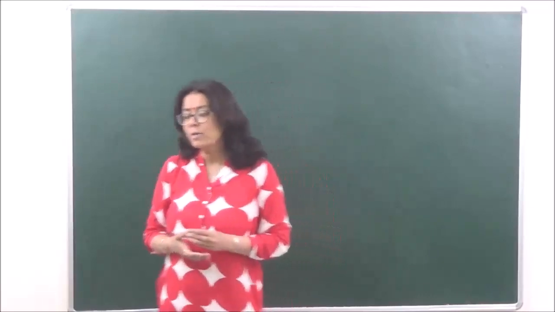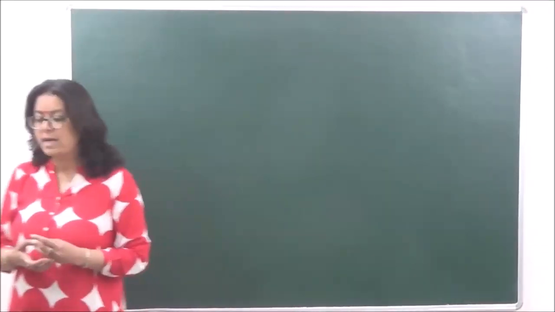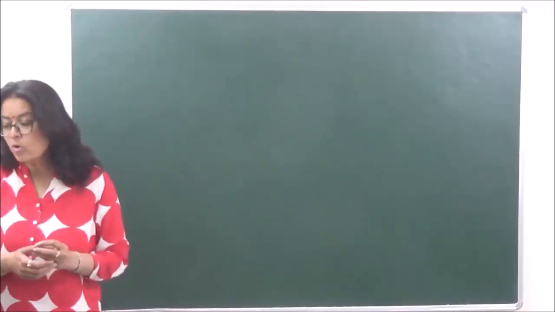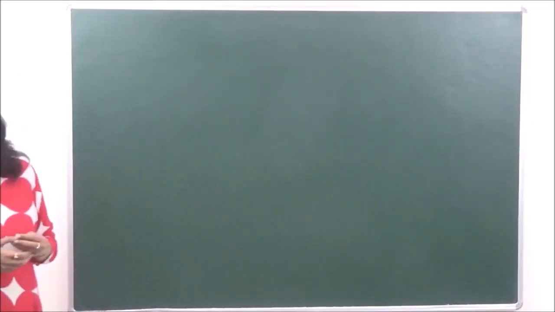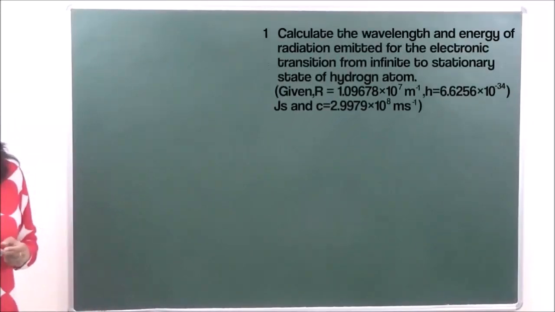Okay, so we had done quite a detail. We did the entire Bohr's model. Let's go on to the questions today. The first question is, calculate the wavelength and energy of radiation emitted for the electronic transition from infinity to stationary state of hydrogen atom.